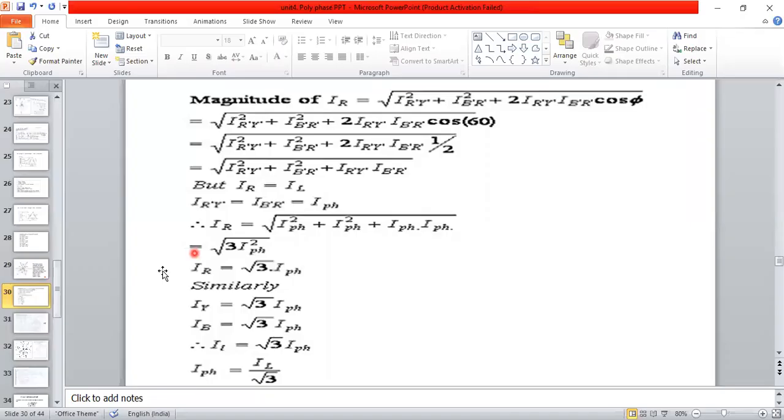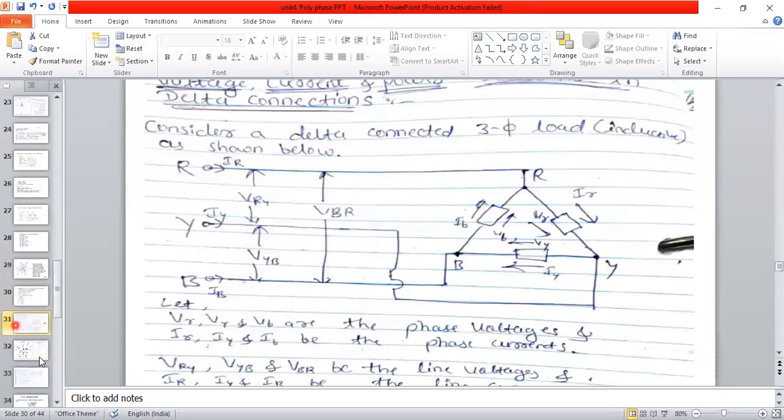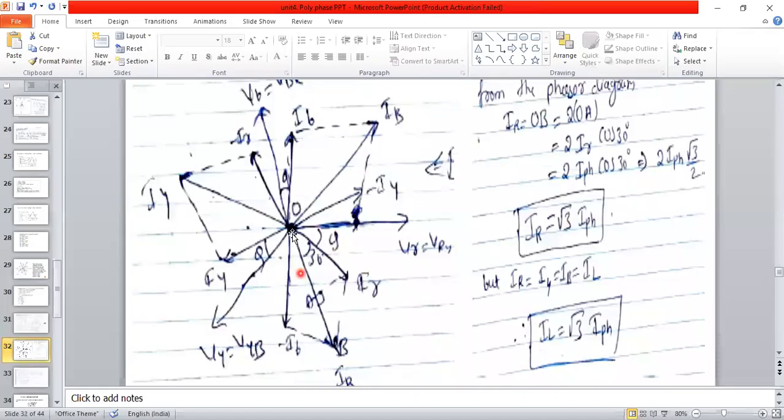So another method I told you, you can write like this with square root and all the things, but the other things we can also draw from the phasor diagram. IR, OA here. From 0 to B we have to calculate. So IR equal to OB we have to write. OB equal to 2 OA we can write. OA is nothing but this one.